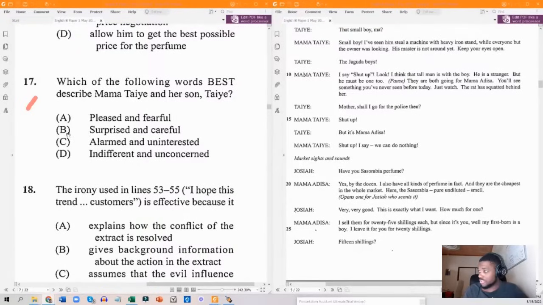All right, so my answer here is B. Surprised and careful. Now, number 17 is a bit tricky because we're looking for words that describe two people.